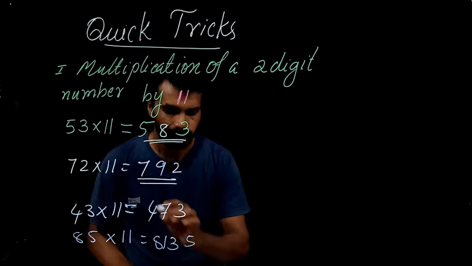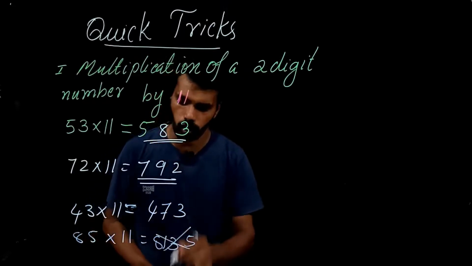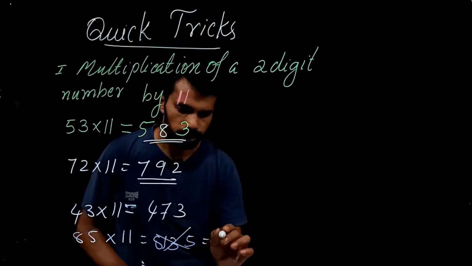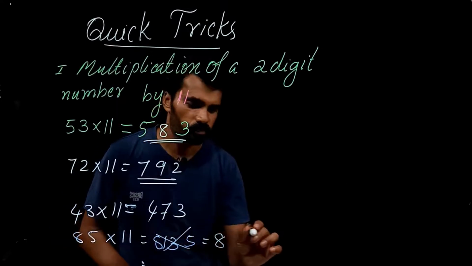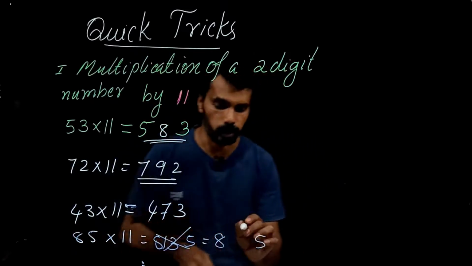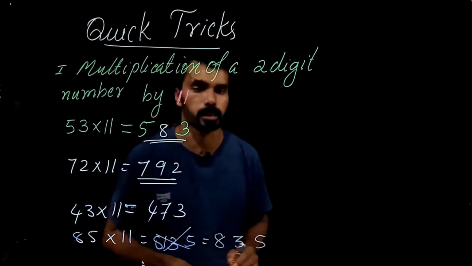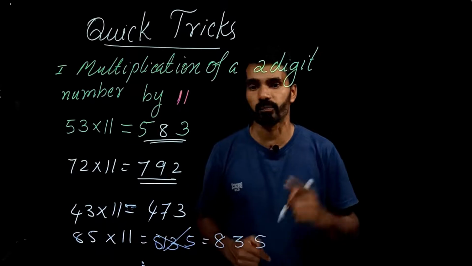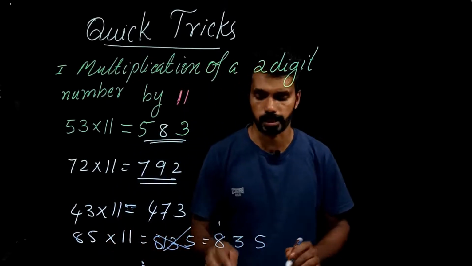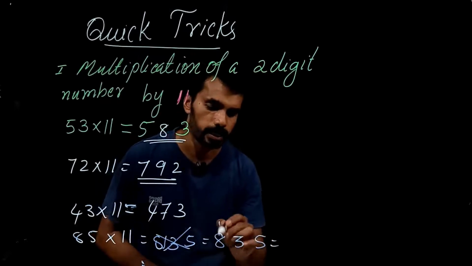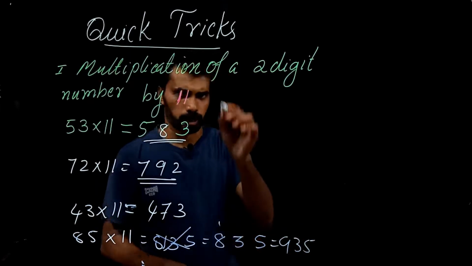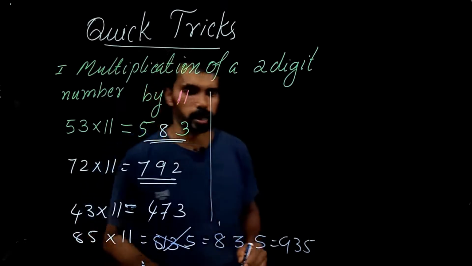Don't write 13, it's wrong. We write 8, then end with 5. The sum is 13. For the 13, 3 we write in the middle. Then 1 is a carry figure. That carry figure we carry along with this 8. So the answer is 935.